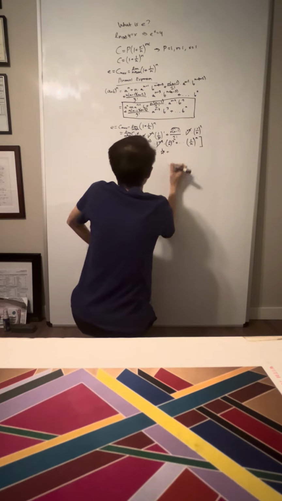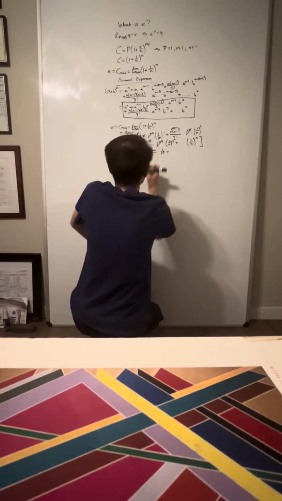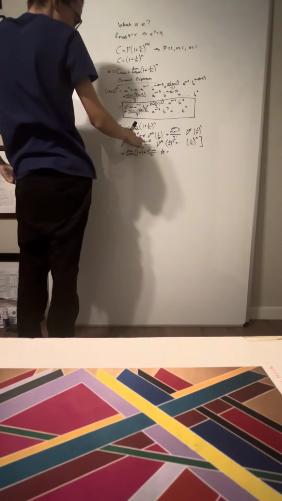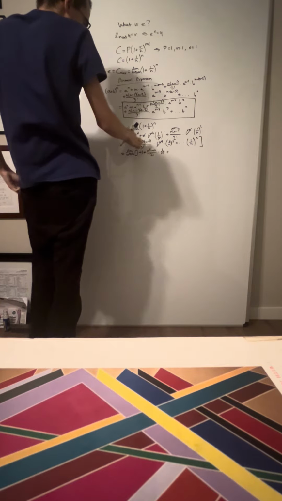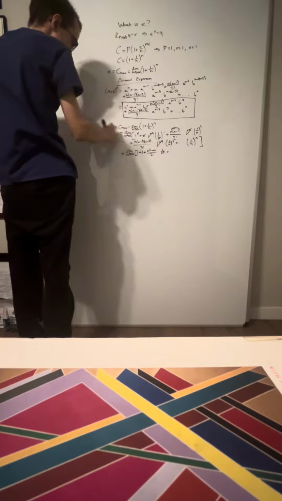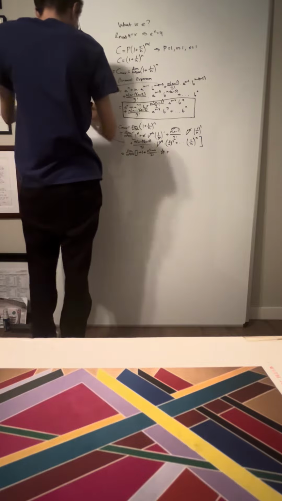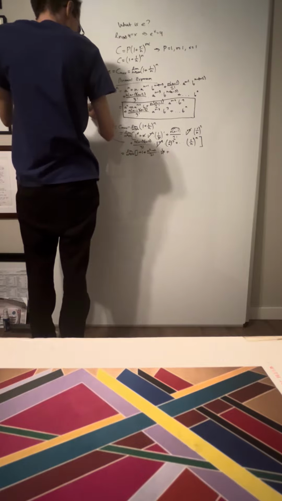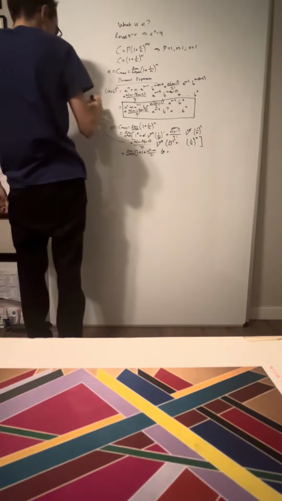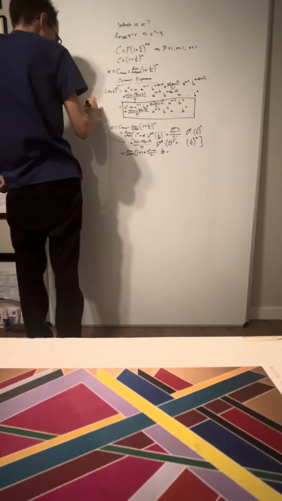Well, let's multiply this out over here, so we already know that n times n minus 1 is n squared minus n, so really what we would need to know is what is n squared minus n times n minus 2. Well, okay, let's go ahead and multiply this out.